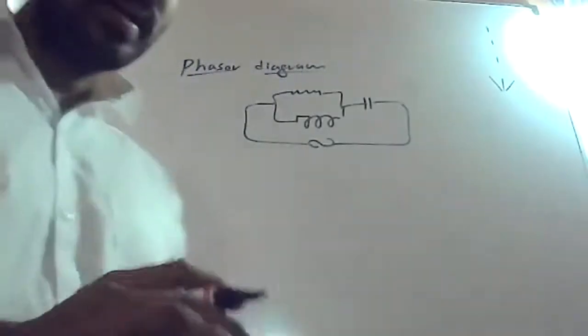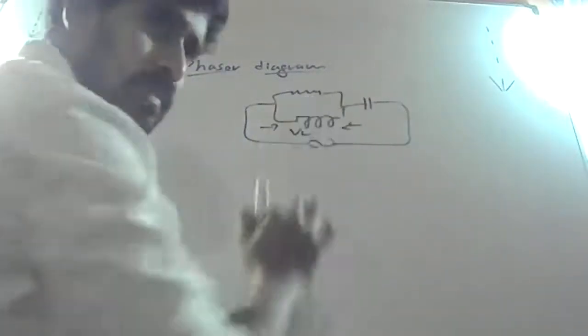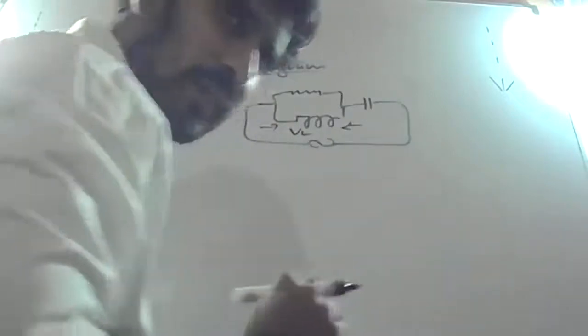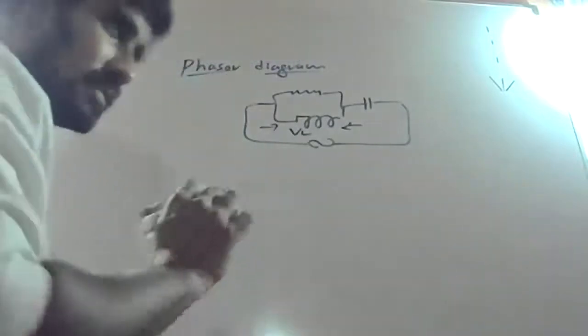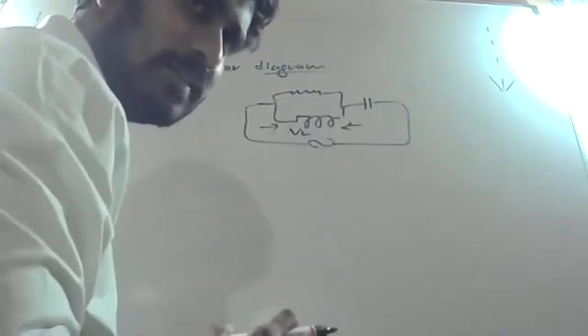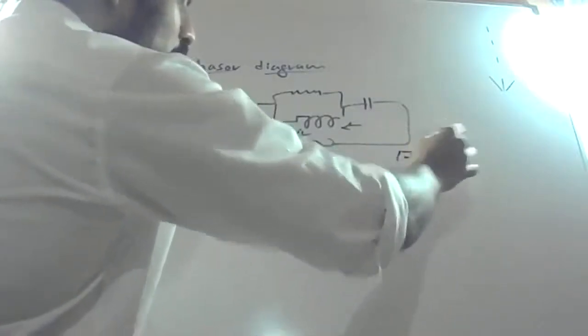According to this problem, they have given us the voltage drop across the inductor, which is VL. They have evaluated the root mean square value of the voltage. So let's consider the voltage across the inductor as the reference value. As you can remember, it is 17 divided by root 2.